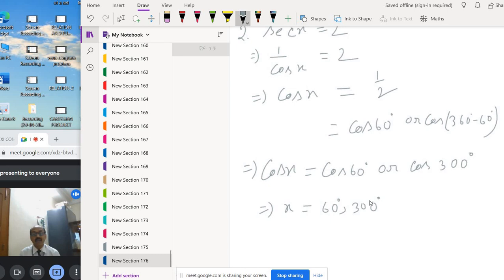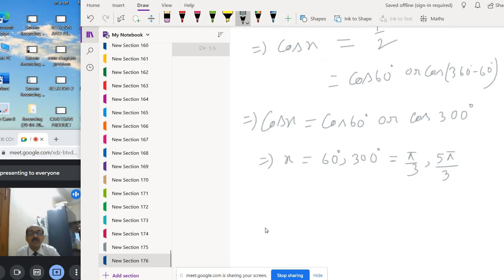And 300 we can write as 5 into 60, so 5 pi by 3. See, the first one is pi by 3, 180 by 3, it is 60. And the next one will be 5 pi by 3, since 5 into 60 is 300.